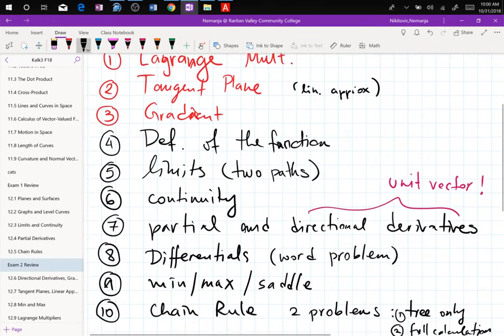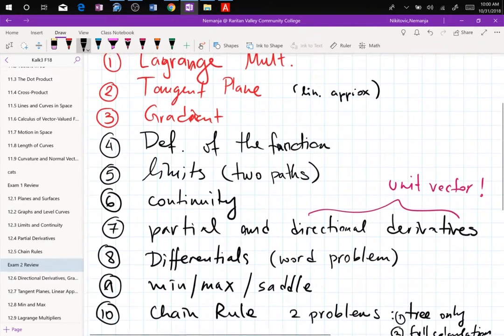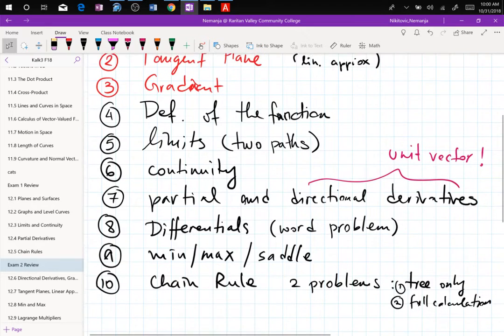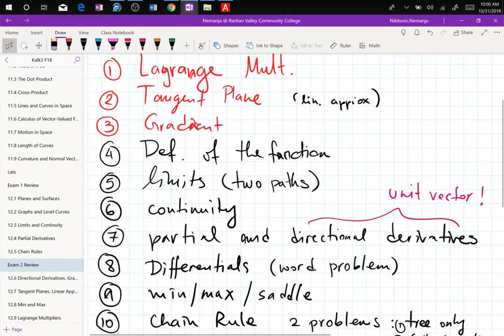So there's the list. If you consider that you have 2 chain rule problems and all of this, partial derivatives separately from directional derivatives and so on, we are talking about 13 problems here. But then please remember that your gradient is the vector of partial derivatives. So do I actually need a separate one for partial derivatives?